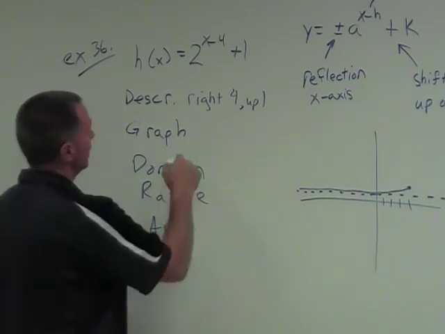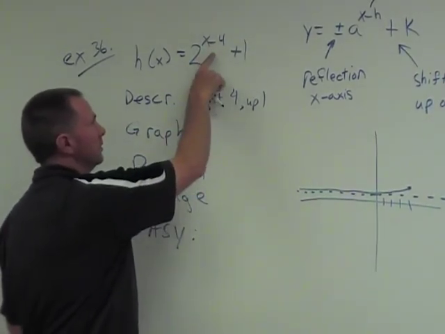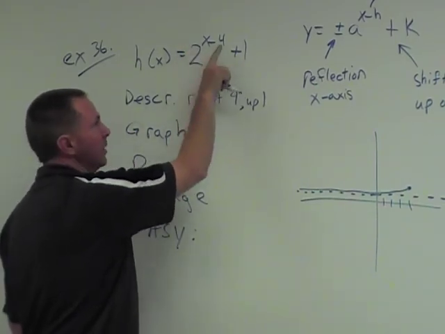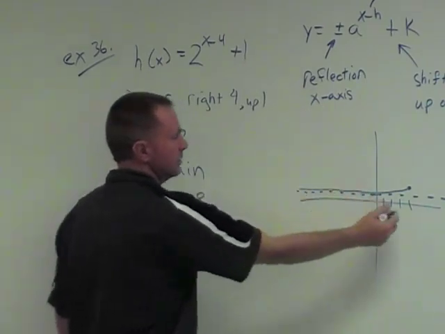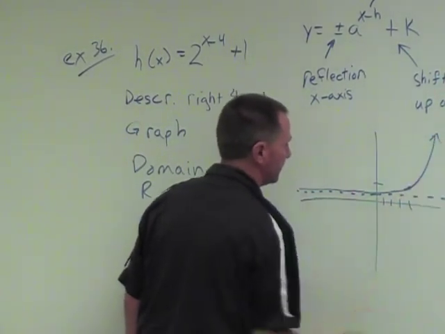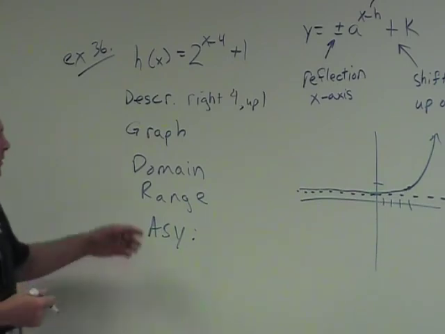If x is 4, 4 minus 4 is 0. 2 to the 0 is 1. 1 plus 1 is 2. So 4, 2 is going to be a point. And then it goes up like that. So you got the graph.